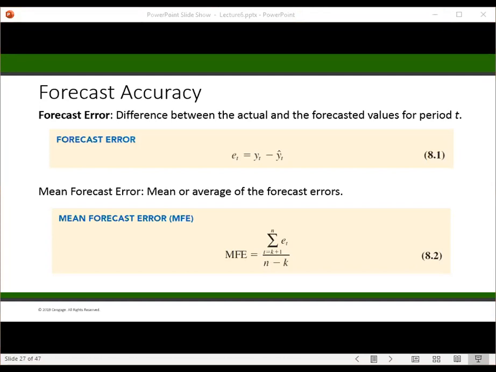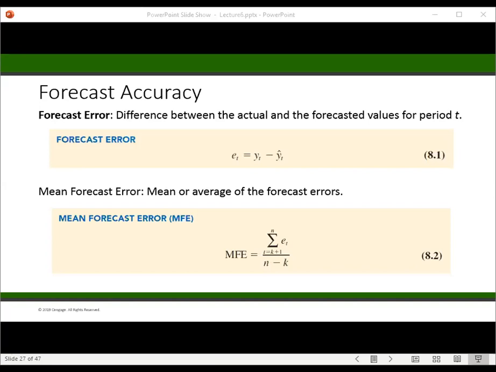We'll see that obviously in the naive method, it's not going to be a large number, but in moving average or exponential smoothing, we may get into some larger values for k.